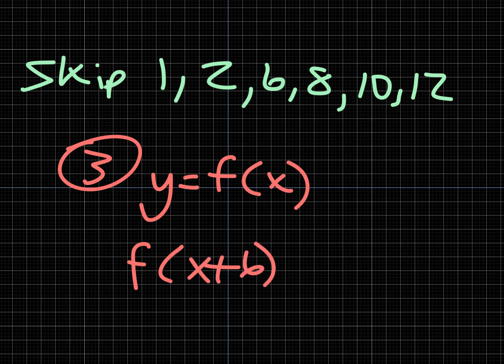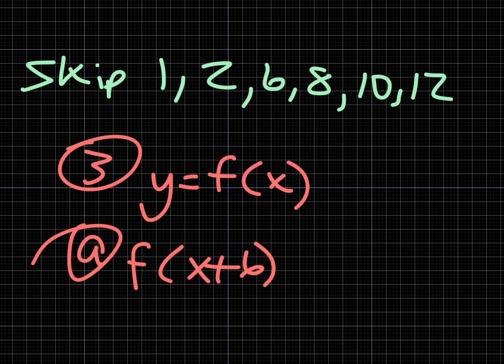I think it says that for part A. Then what am I supposed to do? What's the whole point? Describe how, just read. Translates the graph of. Okay, so translates is like moves.